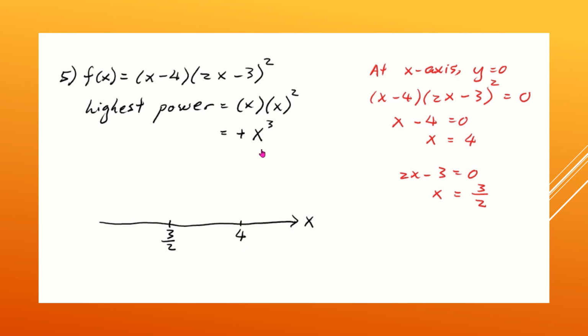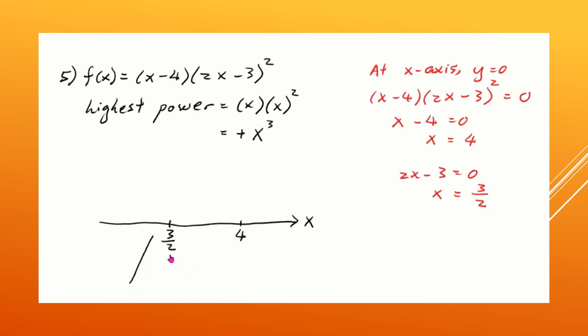Since the highest power is positive x power 3, basically the shape of this curve is an S shape, going up from left to right. So we start sketching the curve from here, going up.